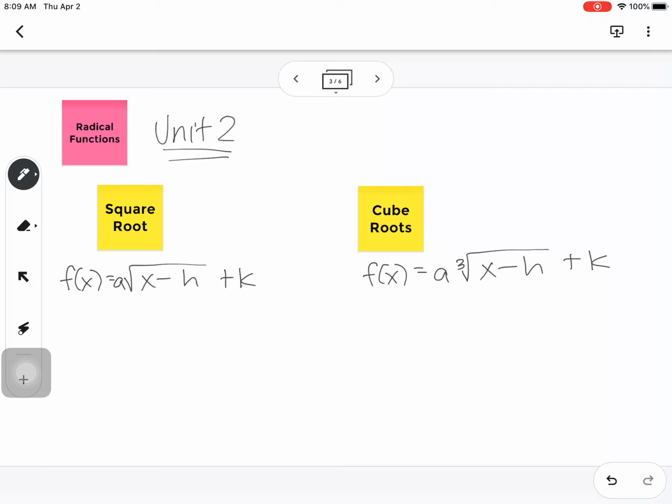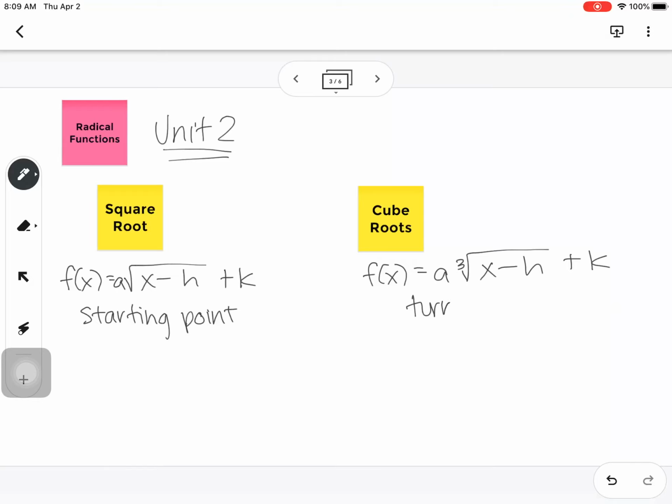And when we did these, they looked fairly similar. The main difference was that in square roots you had a starting point because we cannot graph negatives under our square roots. It gives us i's. So in our Euclidean graph, your normal xy axis that you're used to, we can't graph that.